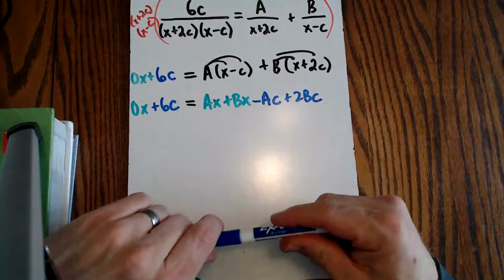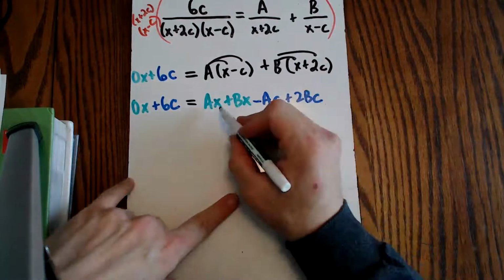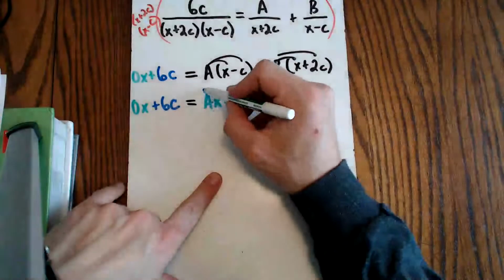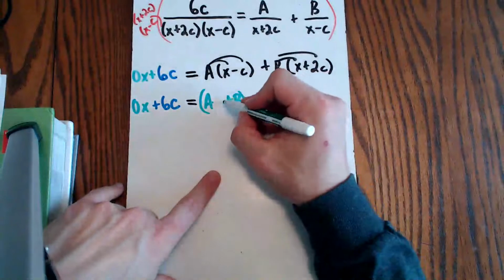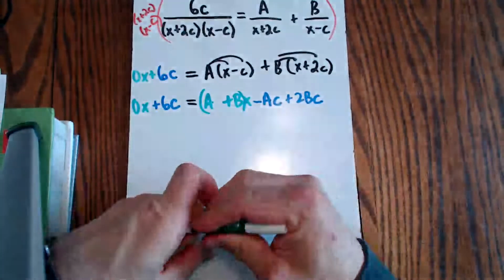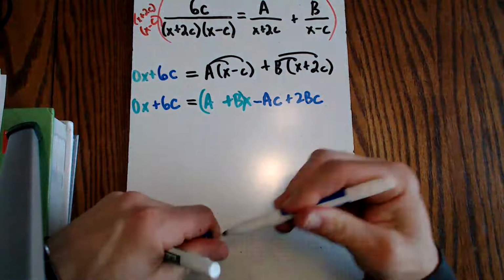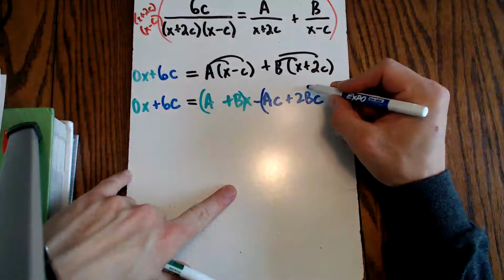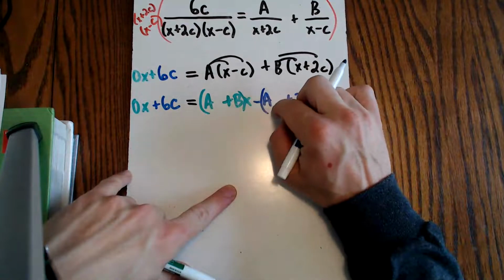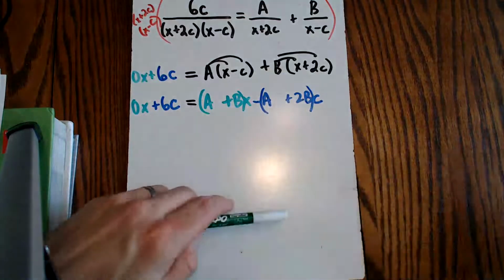Okay, so now is where you could factor out from the green ones on the right side. You could factor out a common x. And then sort of weirdly, but there's going to be a symmetry to it. From the blue ones over here, you can factor out a common c. All right, and now I can go about my business of doing some algebra.